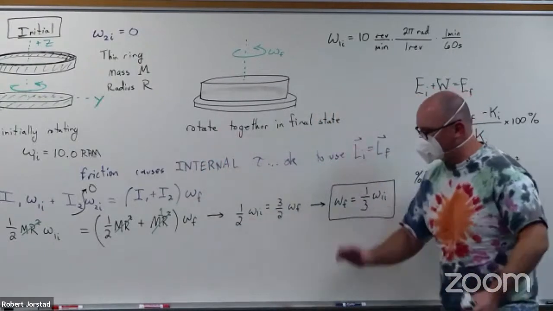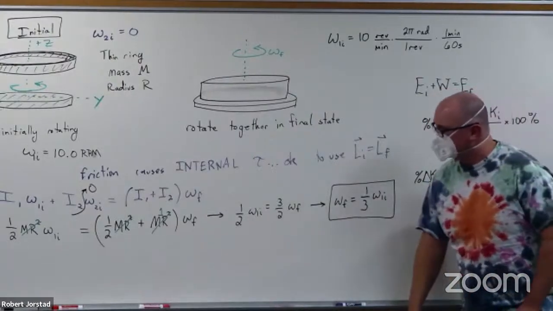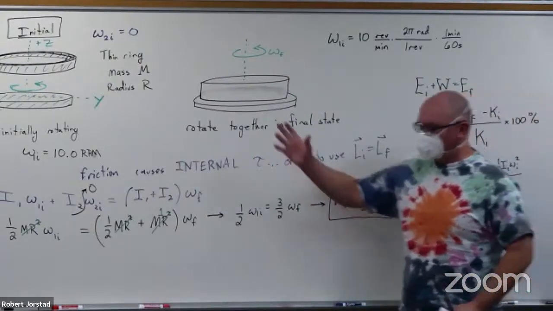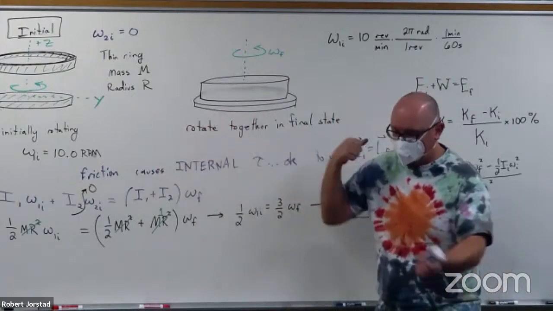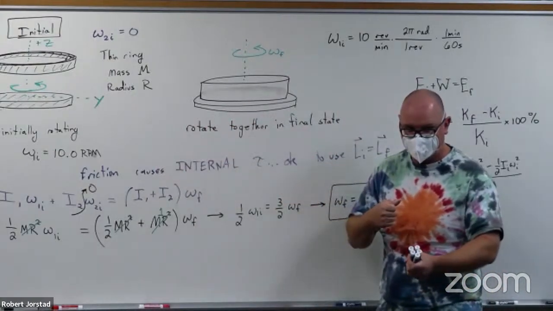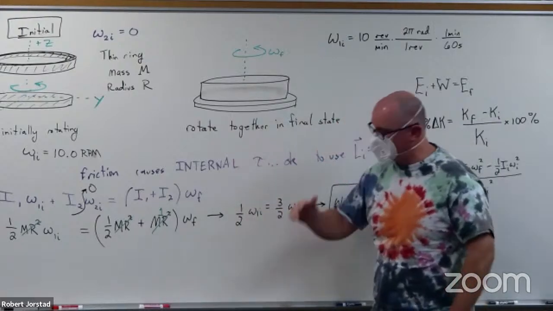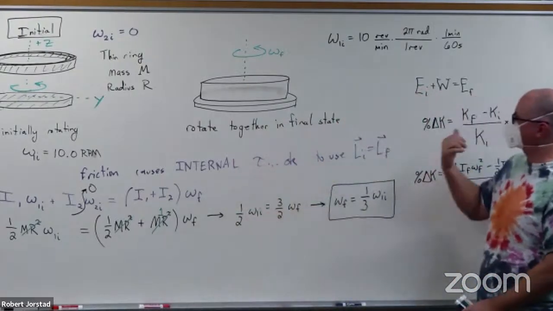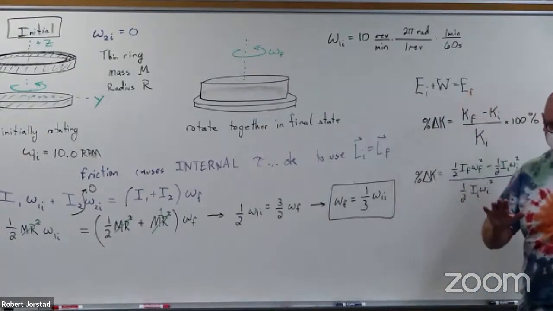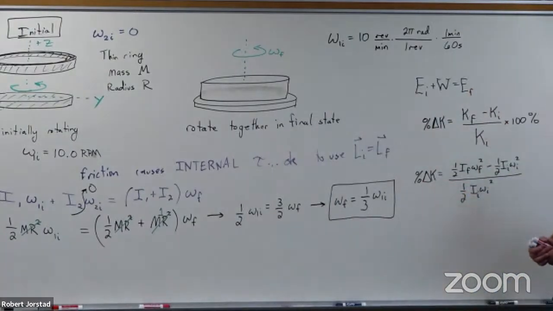I just refuse. I can't stand it. So you've got to know, if you have a collision with rotation, do angular momentum, not energy. Got it? Just keep that in your gut there.